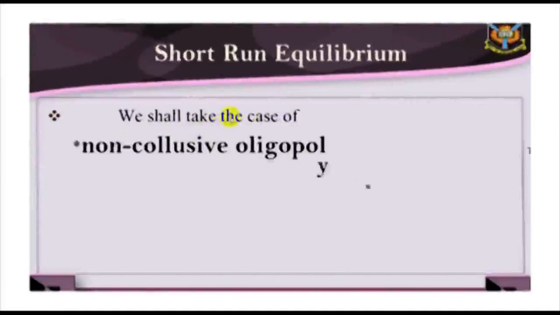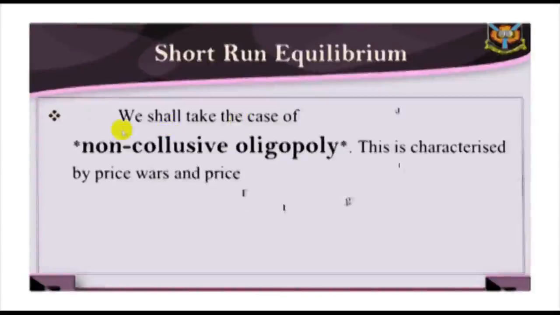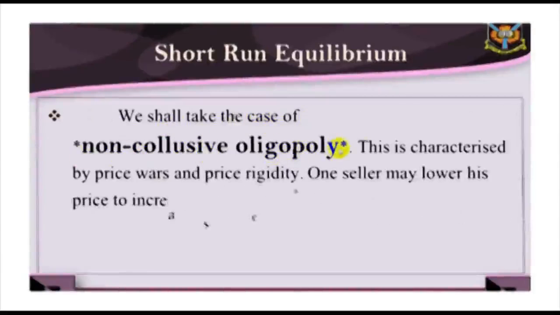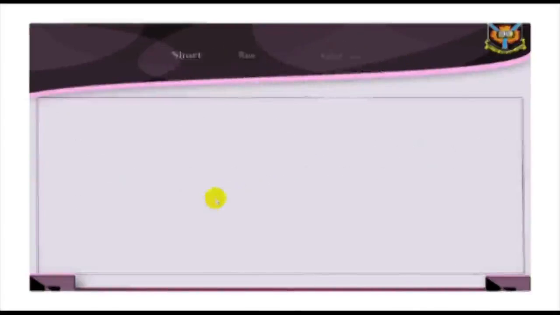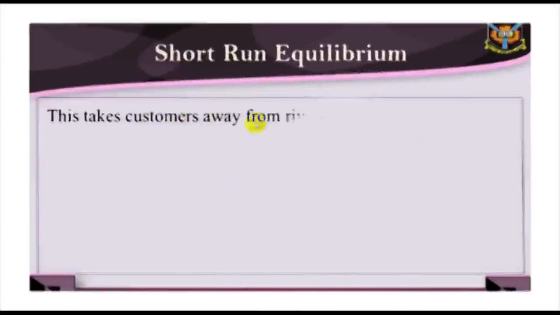Short-run equilibrium. For our purpose, we shall take the case of non-collusive oligopoly. This one is characterized by price wars and price rigidity. One seller may lower its price to increase sales.